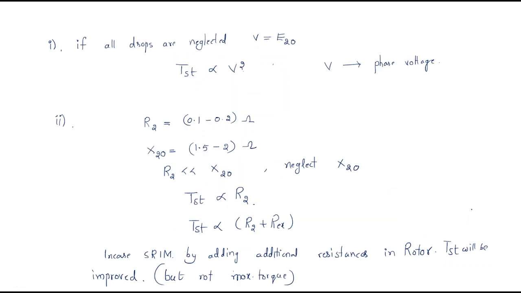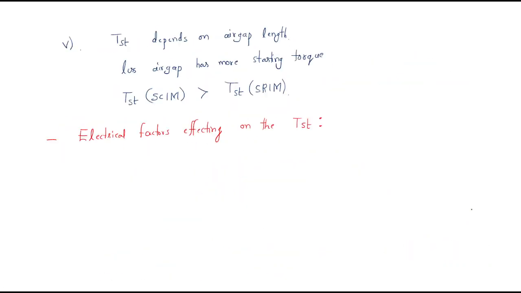Now, how does it depend on the electrical factors? Once again we write the starting torque formula: Ks E2 naught square into R2 by X2 naught square. Just observe here, this is the V, this is the frequency, and we have another frequency.